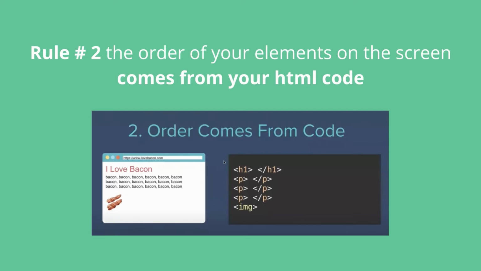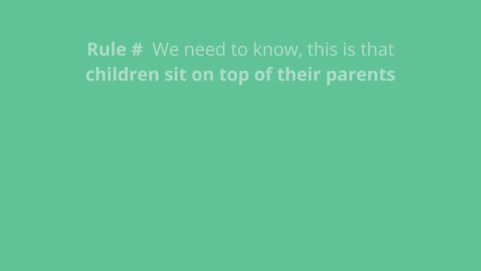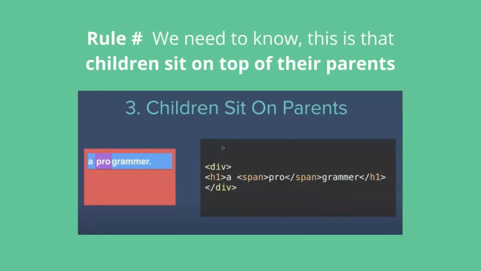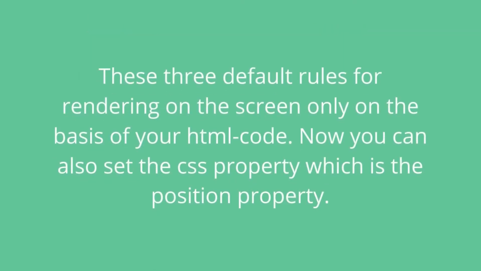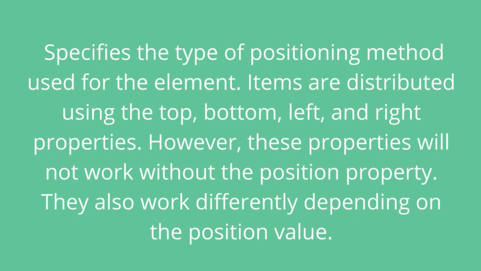So the default layout order is determined by your code. The third thing we need to know is that children sit on top of their parents. These are three default rules for how things are displayed on screen based on your HTML code only.